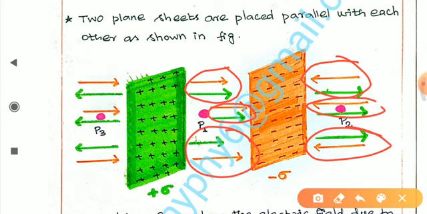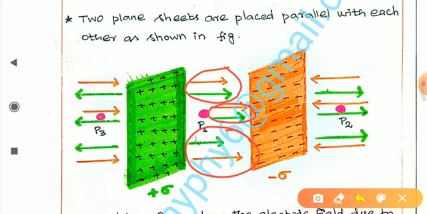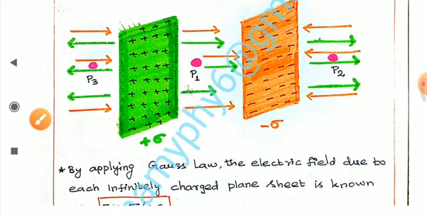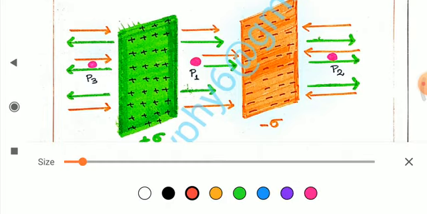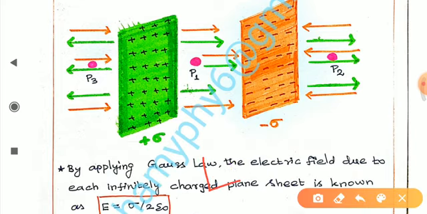Already we told that the net electric field due to two different plates is given by the algebraic sum of the electric field produced by the individual plates. What is the meaning of that algebraic sum? The net electric field E is equal to E1 plus E2.